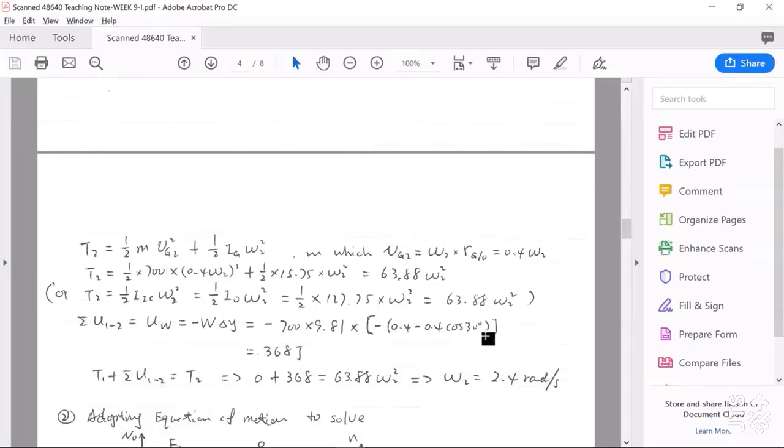This is trigonometry. Now we use this equation for the calculation. So we get the work done by the weight force is 368 joule. And finally, using the principle of work and energy, we know omega 2 is 2.4 radians per second.